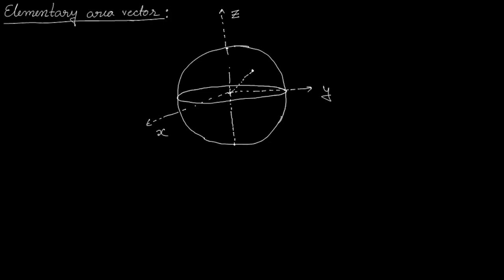If I draw this point by a semicircle, it will lie here. And let me also draw another circle around the z-axis which passes through this point.